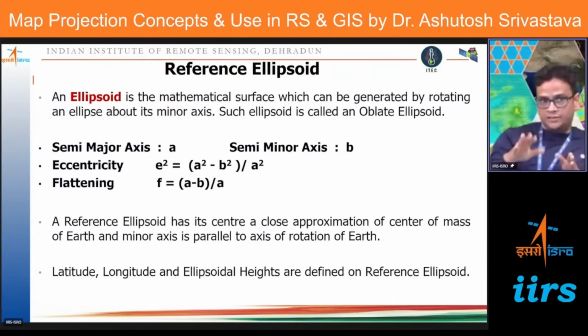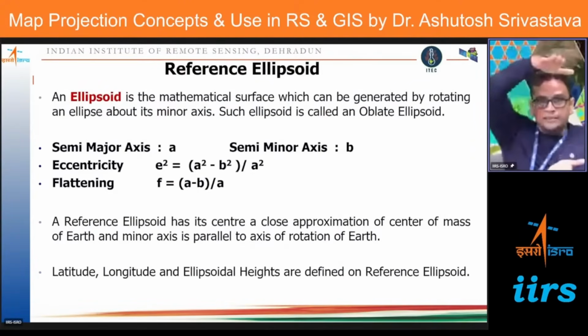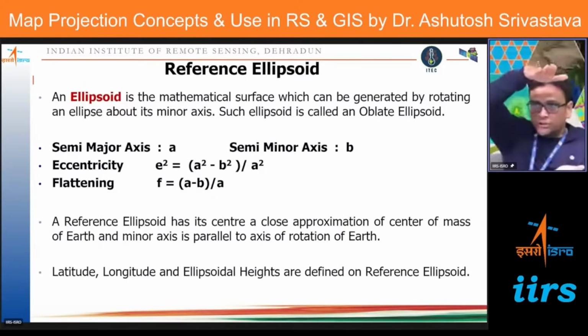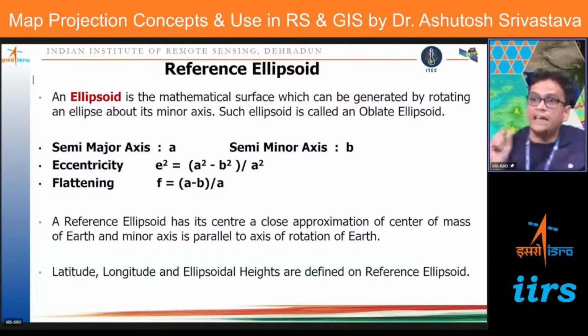If we press that circle a little bit, then the e value will be close to 0. If we are pressing more, then e will be more. Then again, that depends on a equals b.